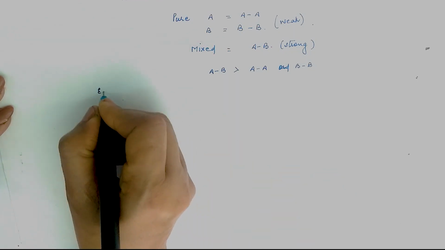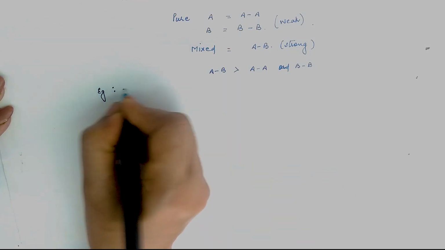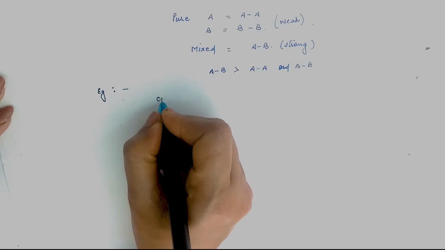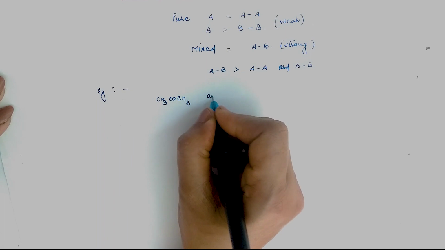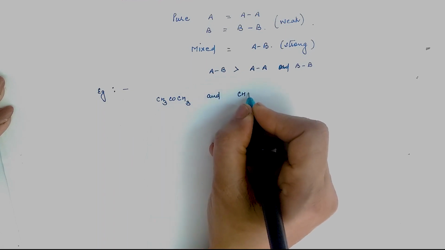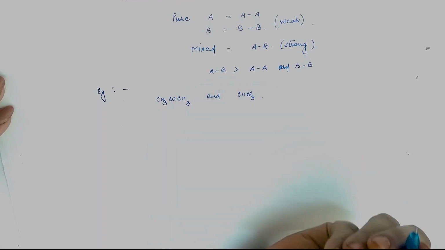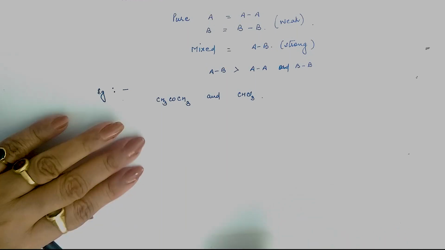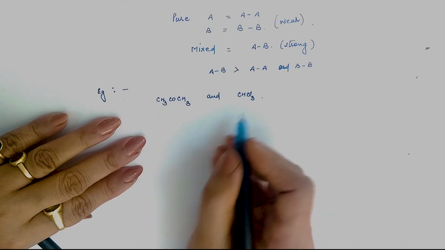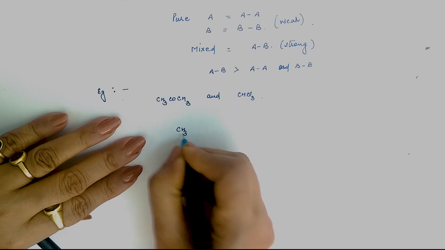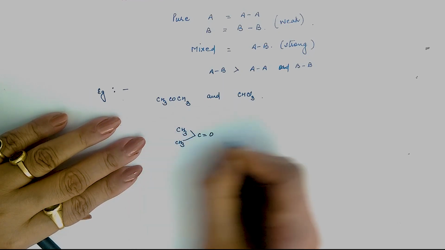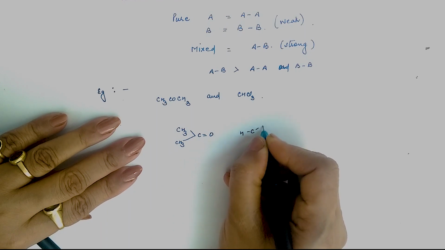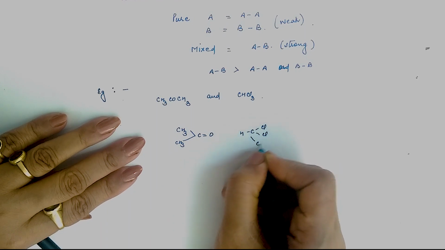Now I'll give you the example of it. Suppose to the acetone CH3COCH3, I add chloroform, which is CHCl3. When I add CHCl3 to the acetone, I can write this way, children: CH3, C double bond O, and this H, Cl, Cl and Cl.